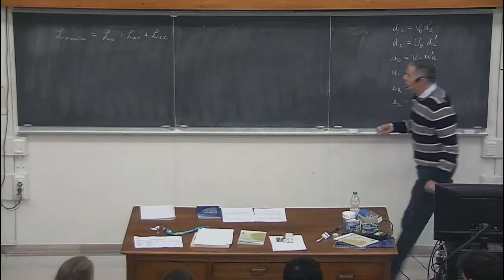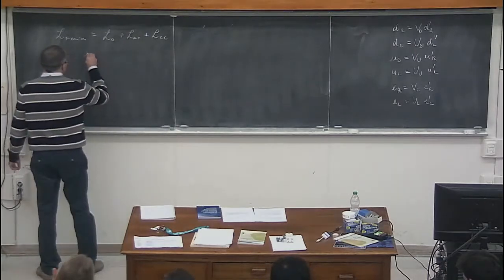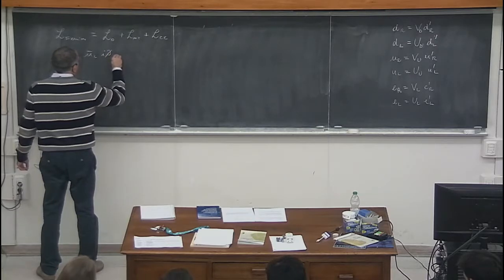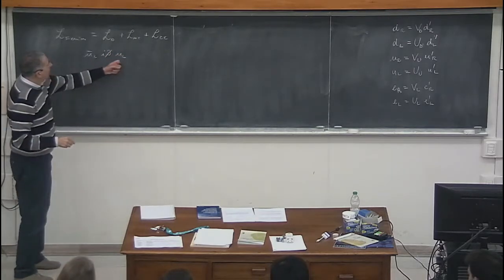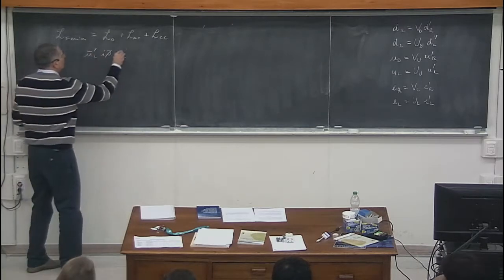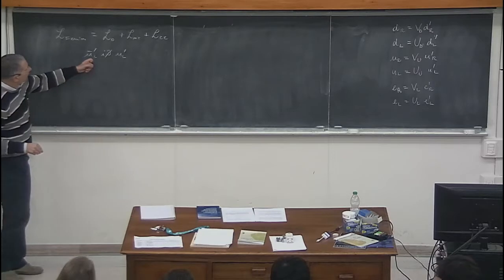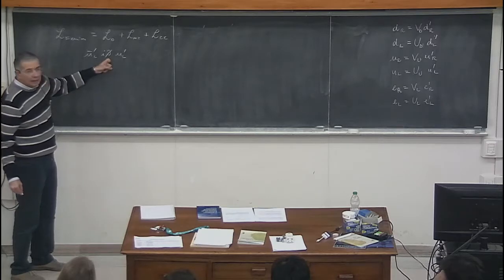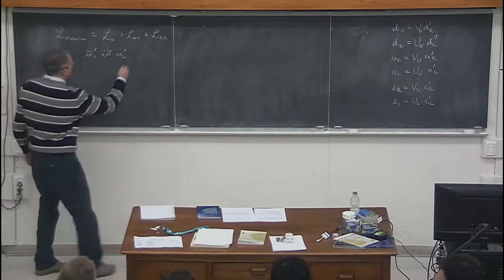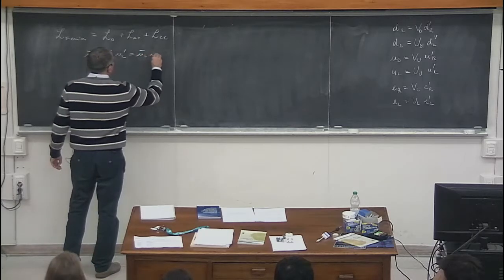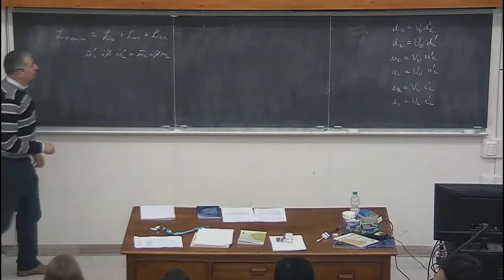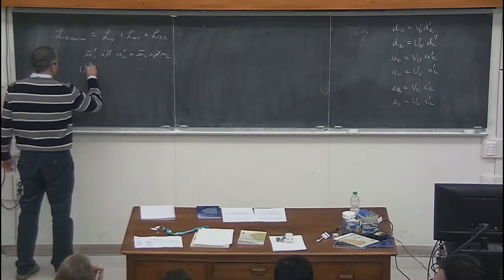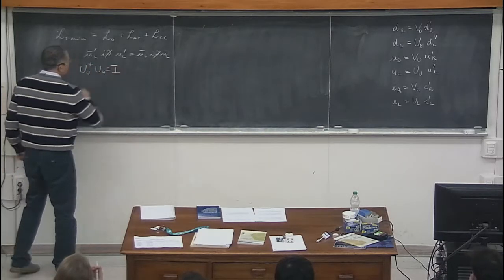So if you have, for example, U bar left i D slash U left, and you rotate in generation space, in family space, all up left-handed quarks, nothing happens here because the derivative doesn't do anything on V. So this is equal to U bar left i D slash U left, because U dagger U is equal to 1.